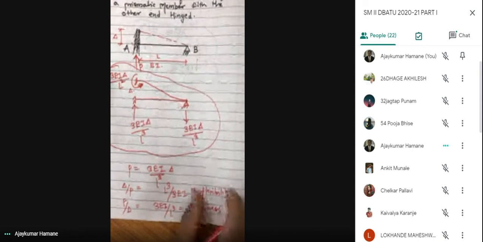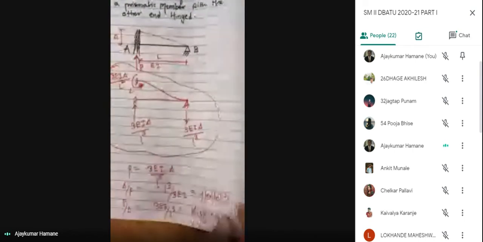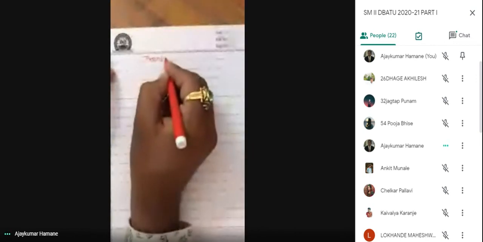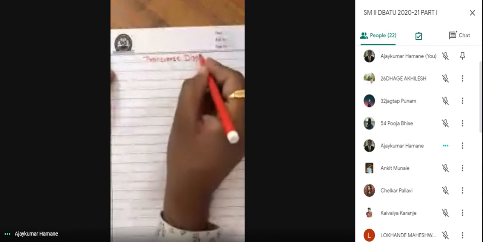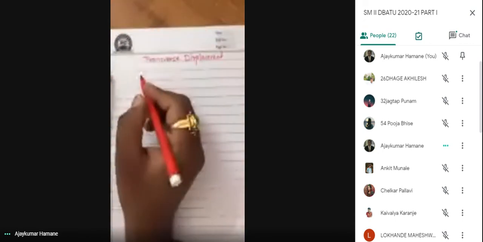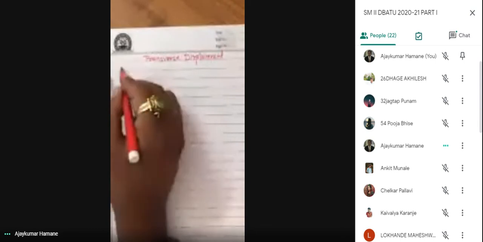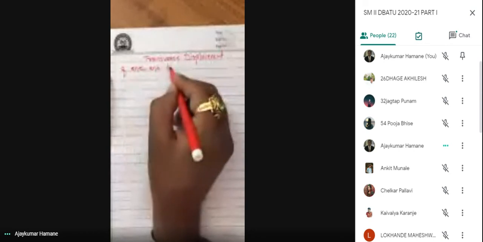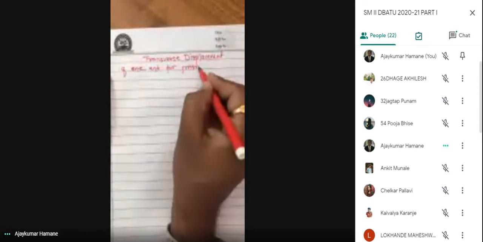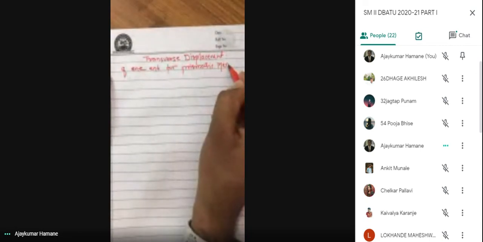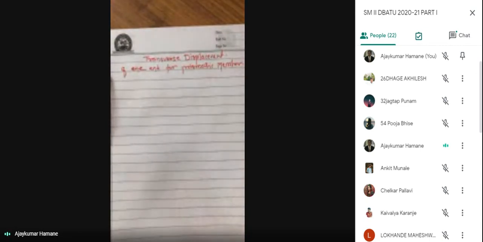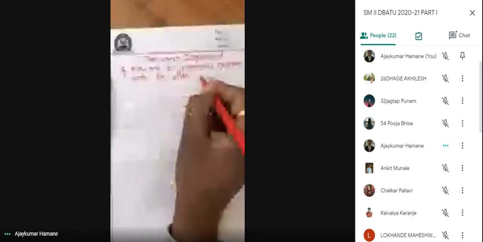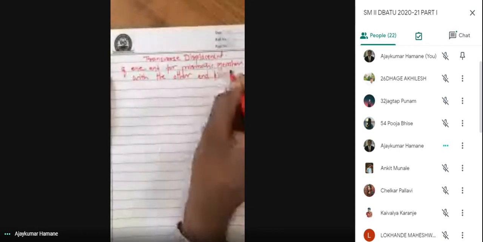Okay, students. Now we will see when the further end is fixed. If the further end is fixed, what is the transfer displacement of one end for a prismatic member if the other end is fixed?